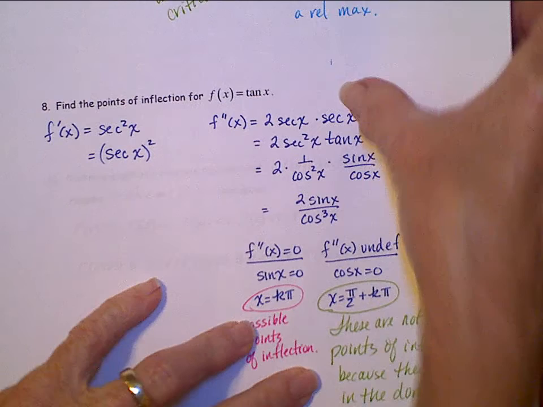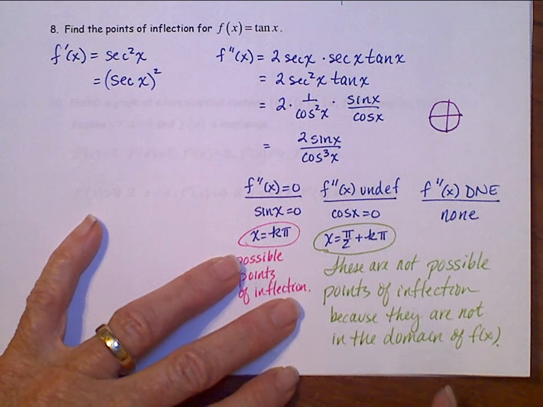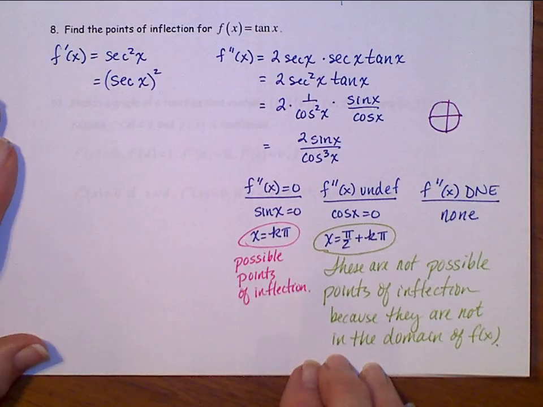Remember, possible points of inflection are where the graph changes concavity. If there's no point plotted there, it can't possibly be a point of inflection.